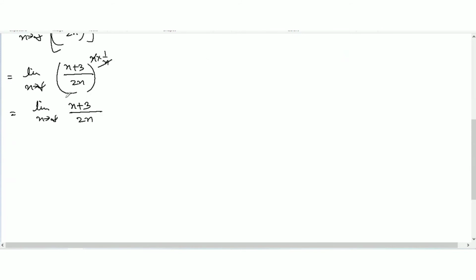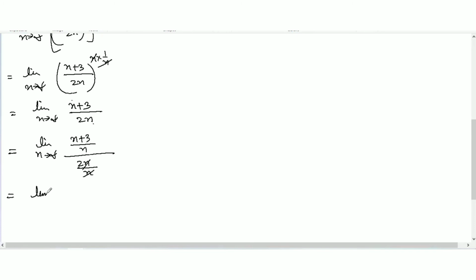As you can see, to find the limit of this function, both numerator and denominator have the same power. When finding the limit n tends to infinity and the power is the same, we divide numerator and denominator by n. So (n+3)/n all over 2n/n. Here it will be cancelled.